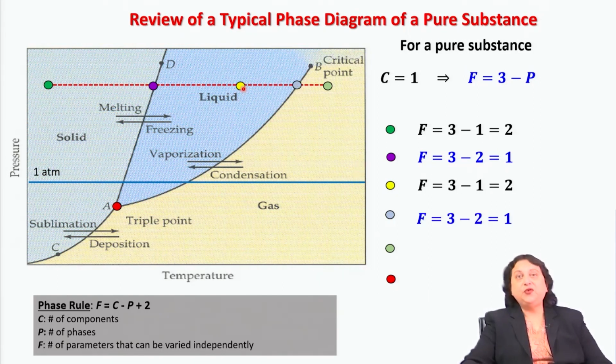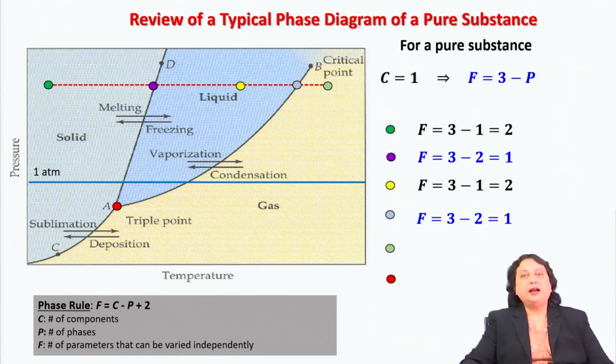That means that if you fix the pressure, it is at this temperature that you will see the vaporization condensation equilibrium, so that the liquid phase and the vapor phase will be in equilibrium with each other.